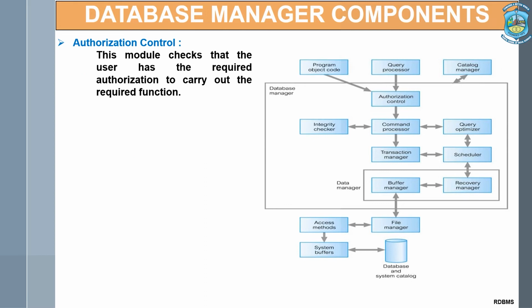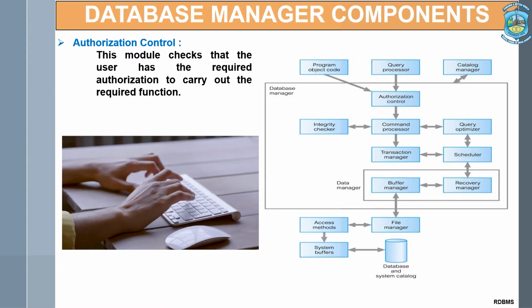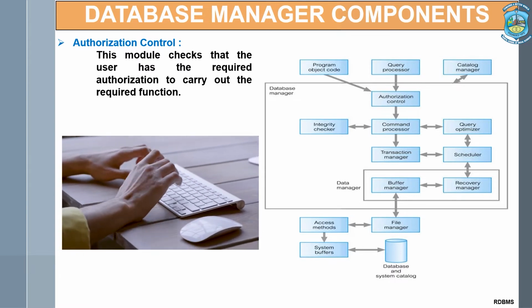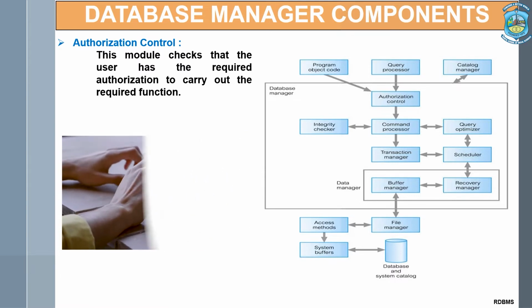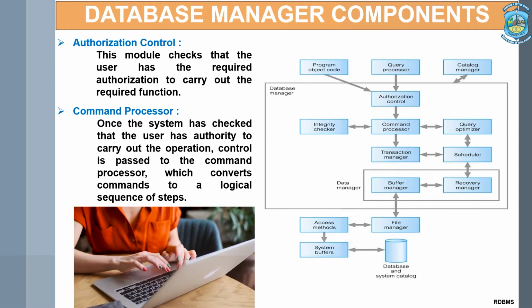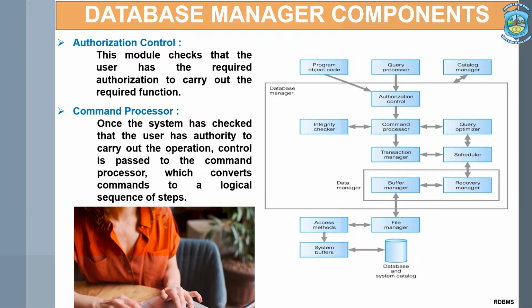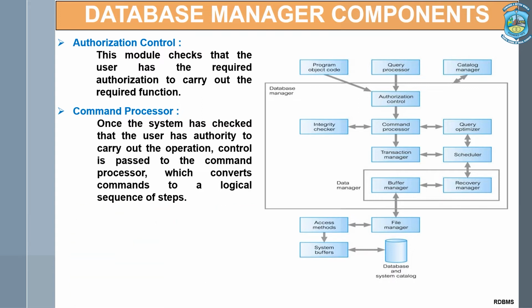So the authorization control module checks that the user has the required authorization to carry out a required function. By means of login IDs and other things, we ensure that only genuine and authorized users access the database. Command processor. Once the system has checked the user, a command interface is given through which the user interacts with the system and finally carries out its process.